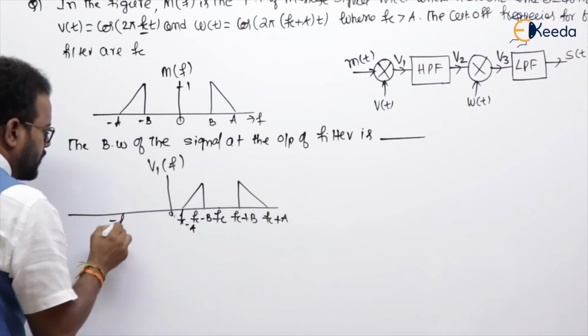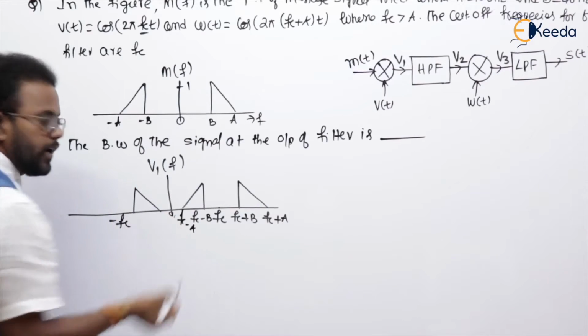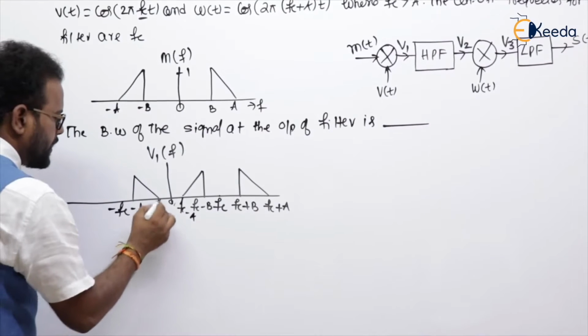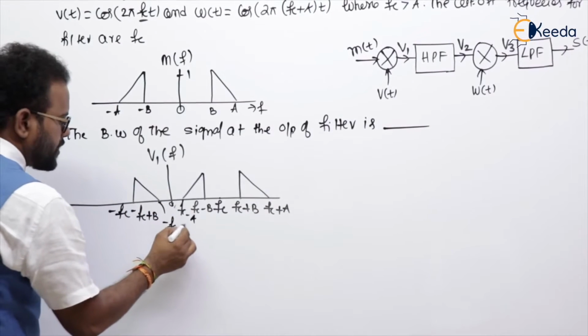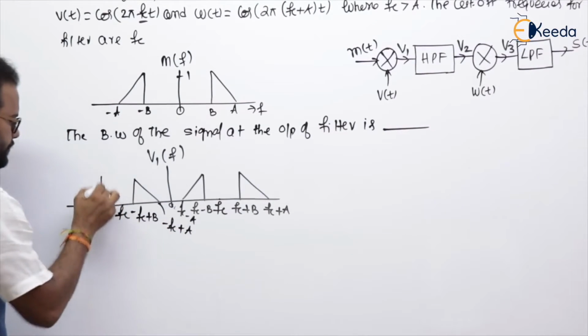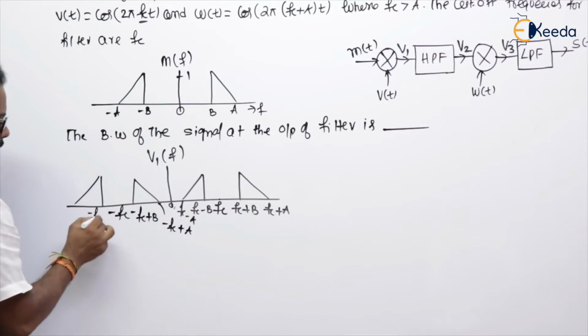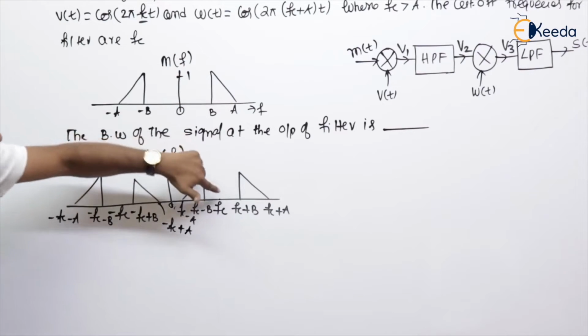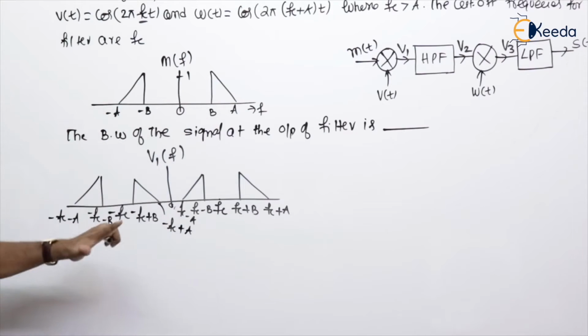The same will be shifted to minus fc. Are you following or not? Minus fc minus b, minus fc minus a. Same shifted to fc as well as minus fc.